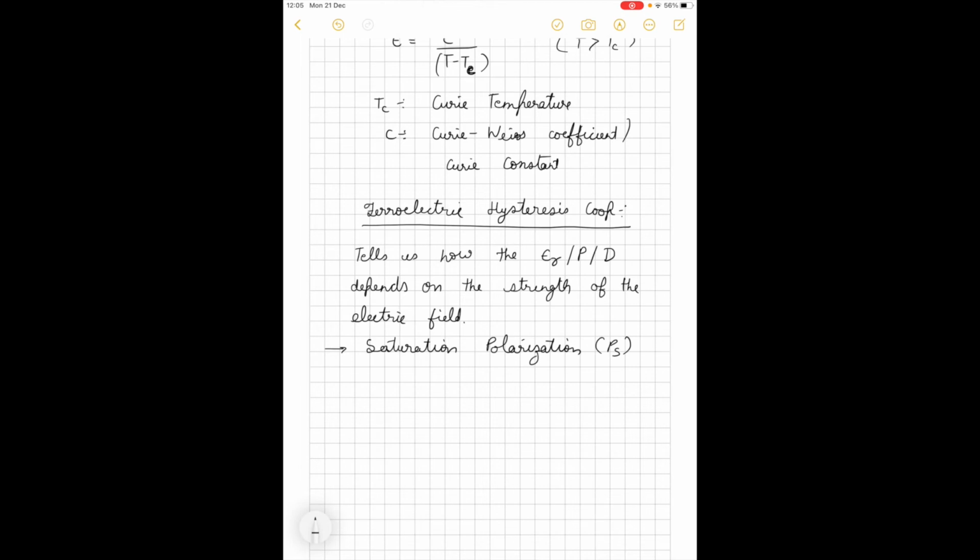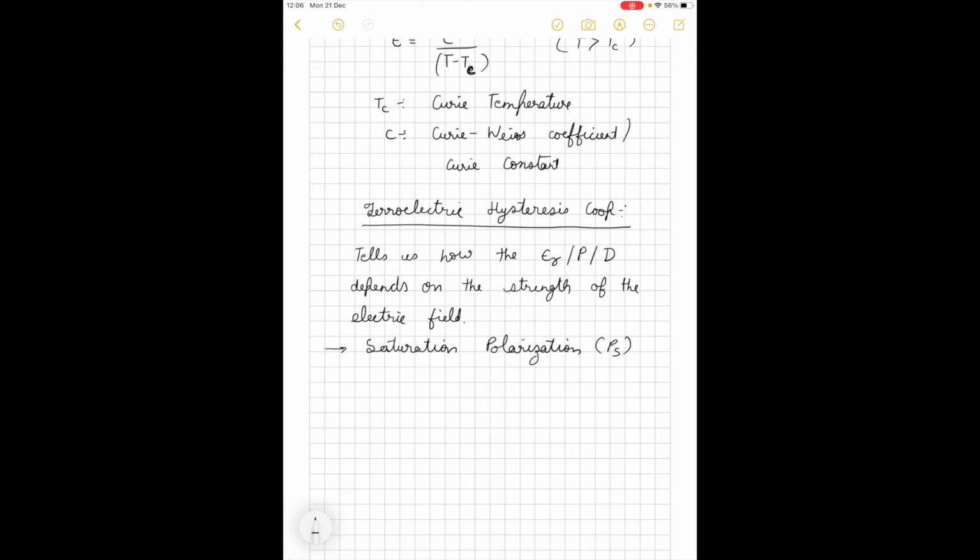The domains, the area of the domain, expands, right? If we apply a pretty large electric field, there will be a single domain in the system. And after that, if we apply more electric field, the polarization is not going to change because all the individual ones have aligned in the same direction.